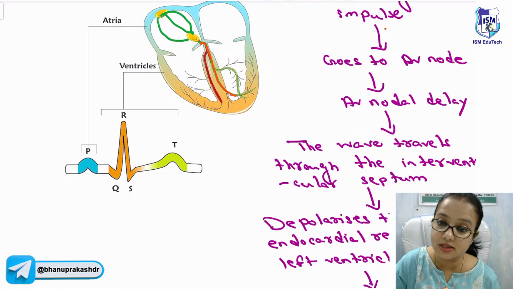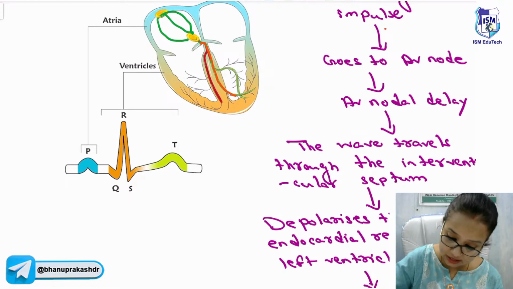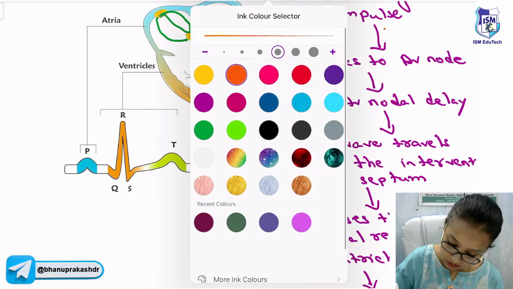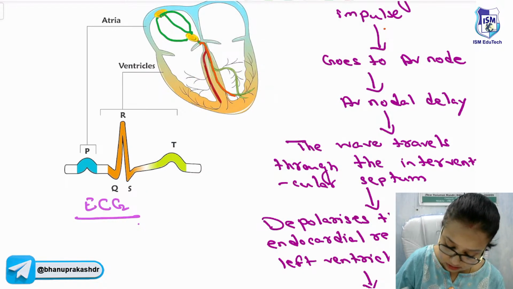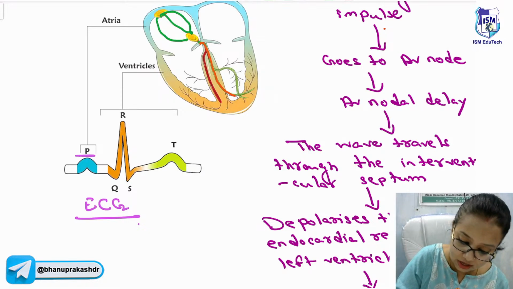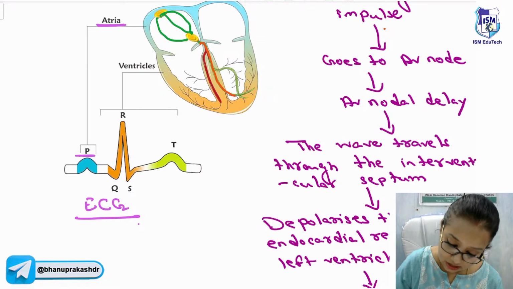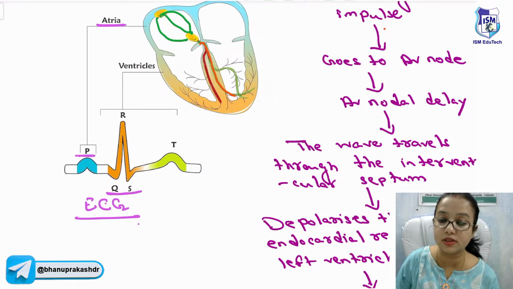Now, this wave of depolarization and repolarization, as it reflects in the ECG, is as follows. In this ECG, the P wave is when the atria receive the wave of depolarization, and the QRS complex designates the contraction of the ventricle.